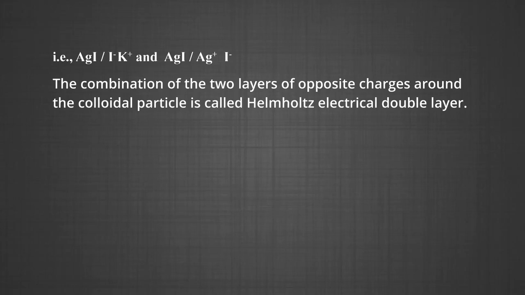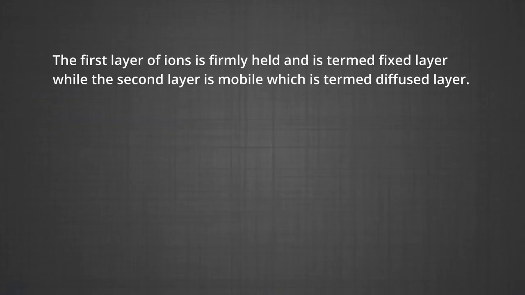The combination of the two layers of opposite charges around the colloidal particle is called Helmholtz electric double layer. According to modern views, the first layer of ions is firmly held and is termed fixed layer, while the second layer is mobile, which is termed diffused layer.